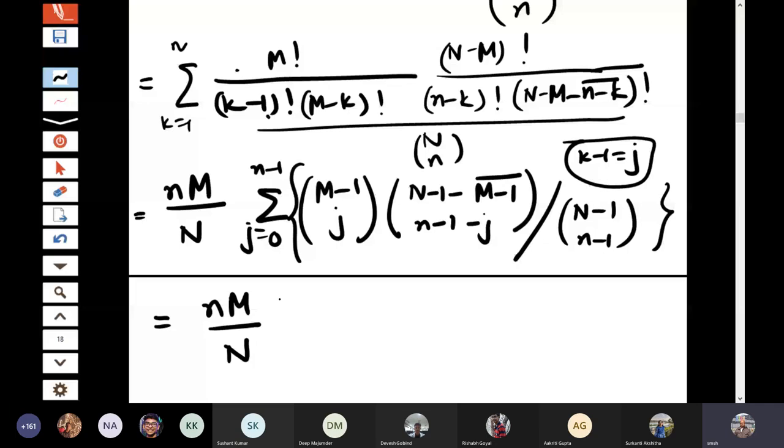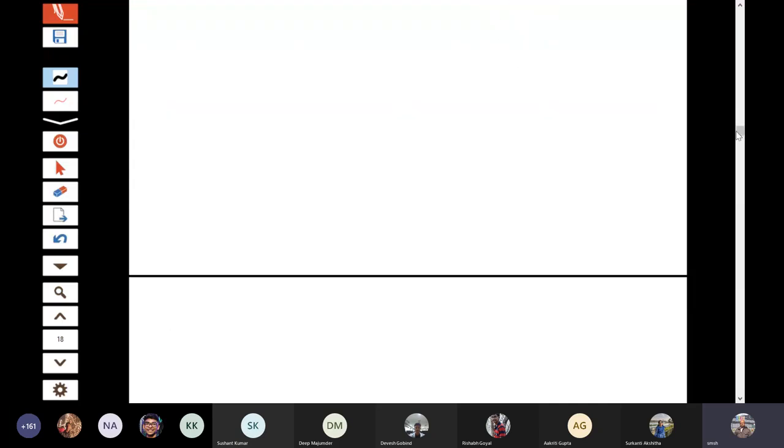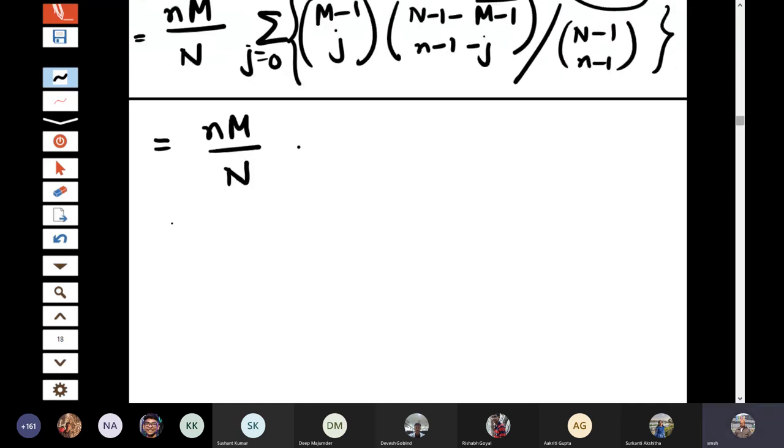Now those calculations will help you to calculate higher order moments also. So for example, if I want to calculate expectation of x square, then I should firstly check expectation of x into x minus 1, like in the binomial case, and so on. So without doing these calculations here, I will write down the expressions. So you can see that you will get expectation of x into x minus 1.